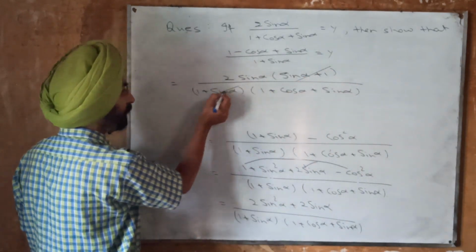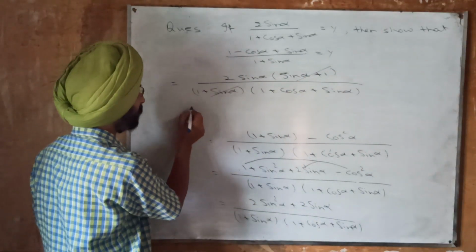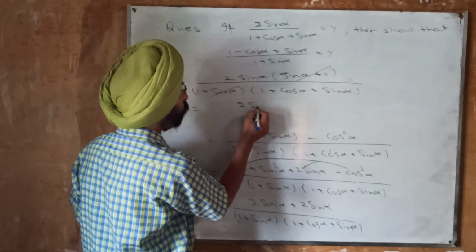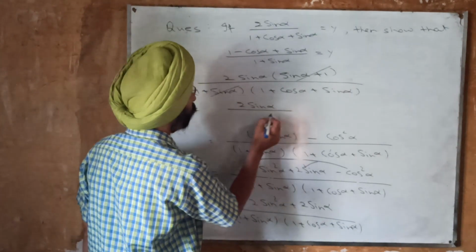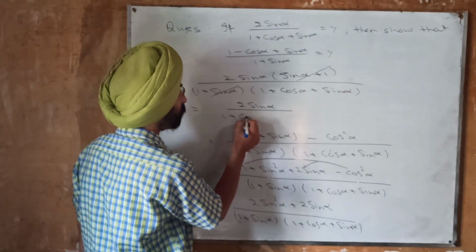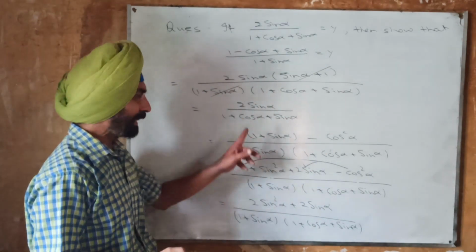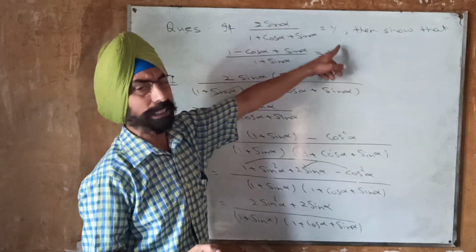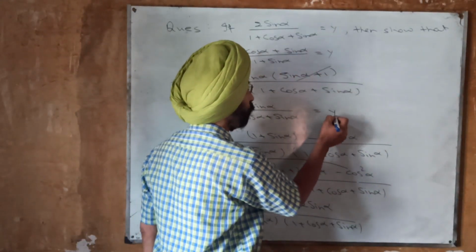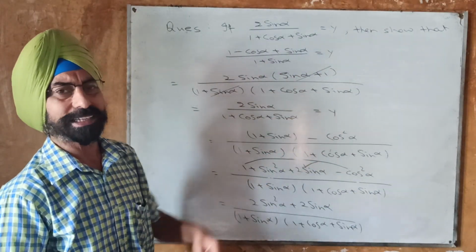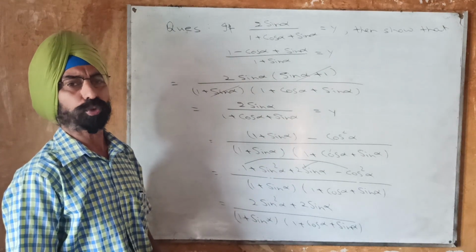This 1 plus sin alpha is cancelled out, and you are left with 2 sin alpha over 1 plus cos alpha plus sin alpha, which is nothing but given to be equal to y. So this is equal to y, and this is your right hand side which we want to prove equal to.